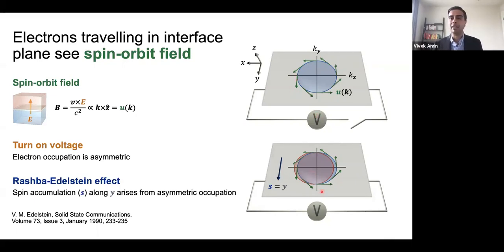However, when I turn on the in-plane voltage and now run a current, even though electrons are still moving in most directions, in other words, carrier motion is still mostly isotropic, I've now biased the occupation of carriers so that I have more carriers occupied in this state, let's say, than this state. And that's what results in a current flowing along the interface plane. But in biasing the occupation, I've also biased the spin accumulation. And so now I have this net spin accumulation, which is along the y direction once I sum over all of these different states.